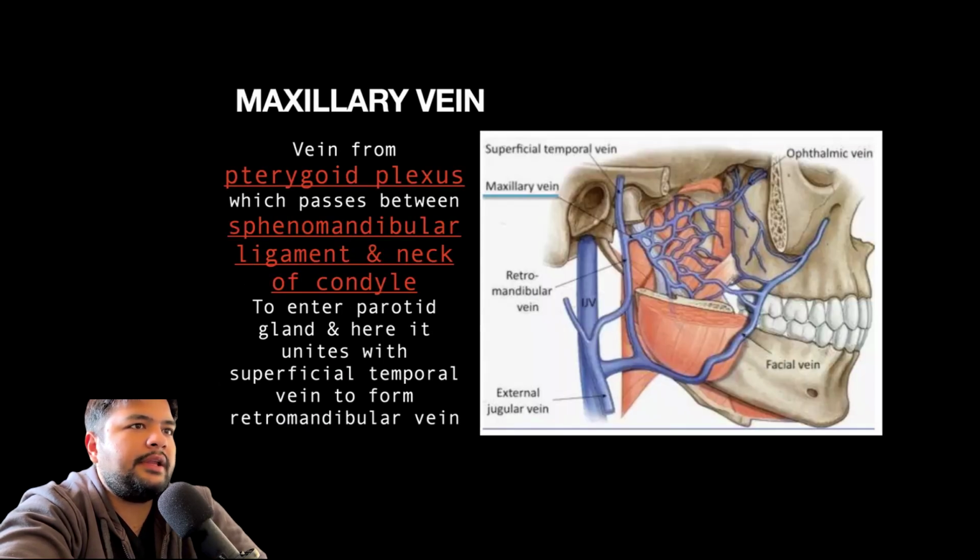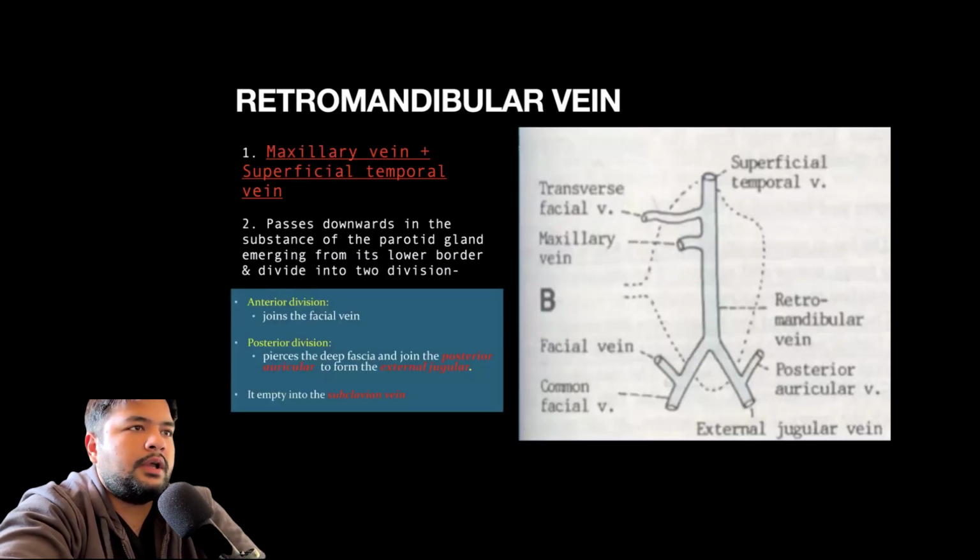Coming to the maxillary vein, it is a vein from the pterygoid plexus, which passes between the sphenomandibular ligament and the neck of the condyle to enter the parotid gland, and here it unites with the superficial temporal vein to form the retromandibular vein. So the maxillary vein plus the superficial temporal vein forms the retromandibular vein.